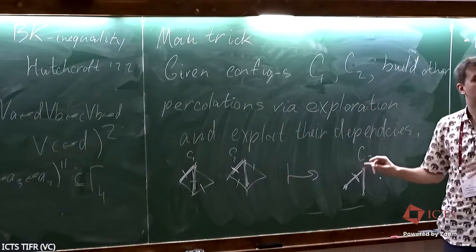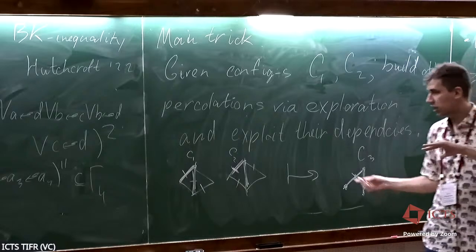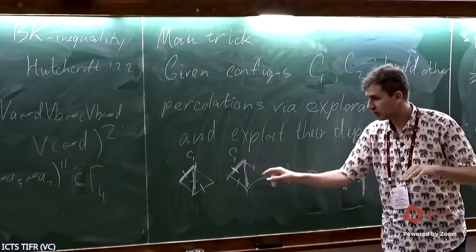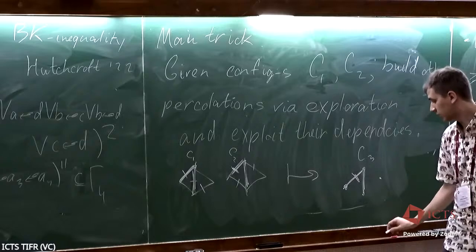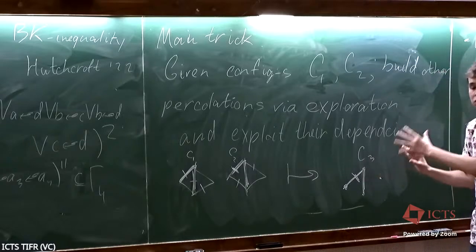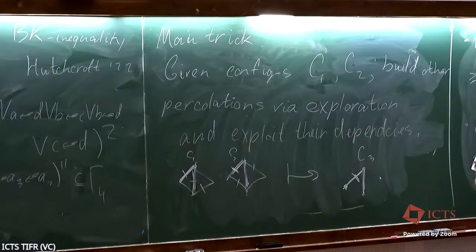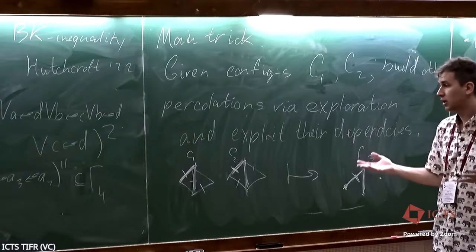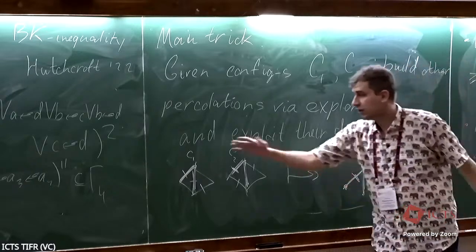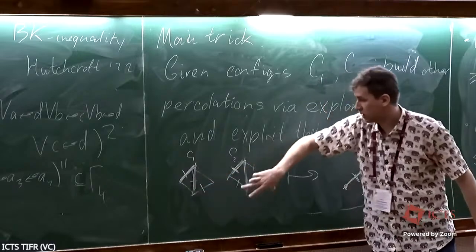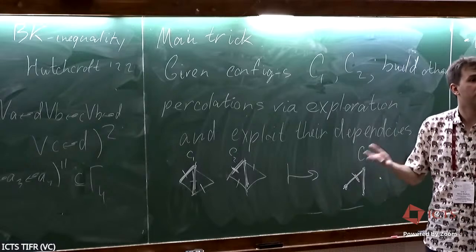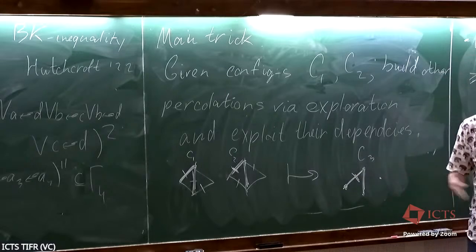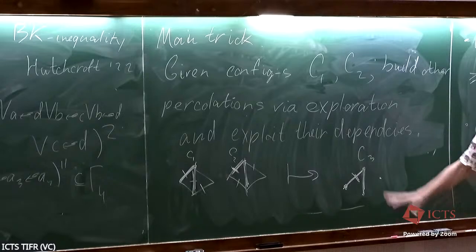So if you pre-commit at each stage, run a decision tree, reveal edges according to the decisions, and pre-commit before taking an edge whether you will take it from C1 or C2, the configuration you get will be distributed as Bernoulli percolation. And then you have some combinatorics. For some decision trees, if in C1 these two vertices are disconnected, and in C2 these two vertices are disconnected, then here all three of them will be. But the main ingredient is the decision tree.